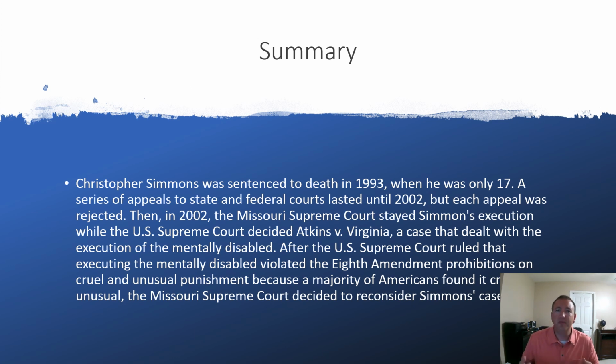They did so because they felt that most Americans felt that it would be cruel to execute someone who was mentally disabled. So that was their reasoning for ruling in Atkins versus Virginia. So that had an impact on the Missouri Supreme Court ruling for Simmons.